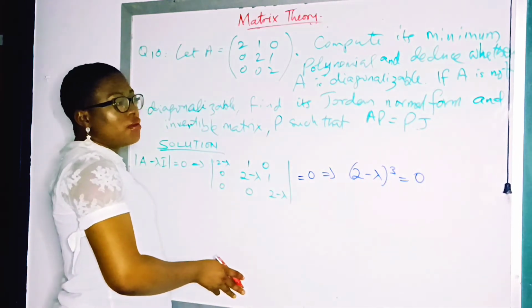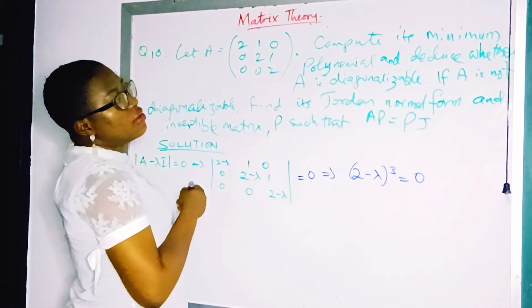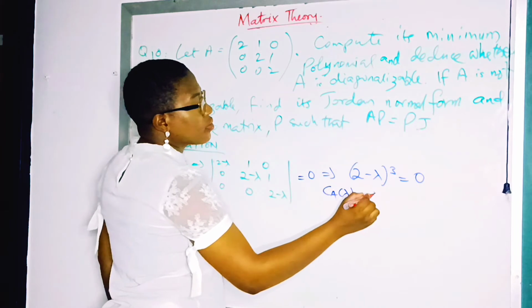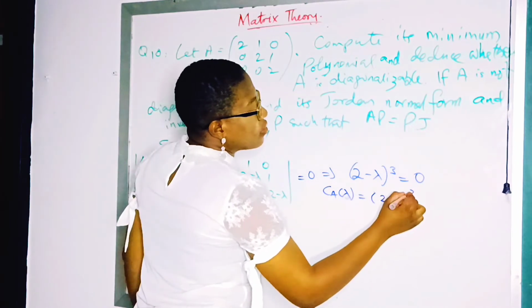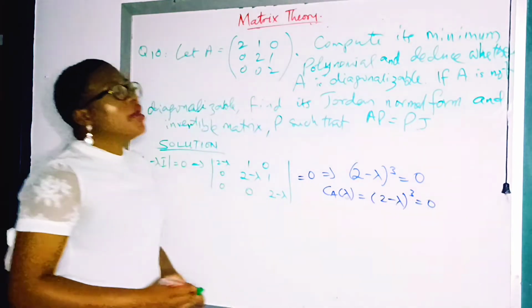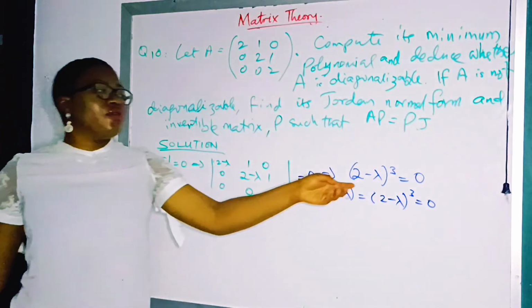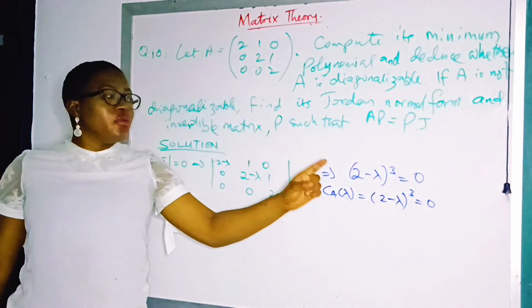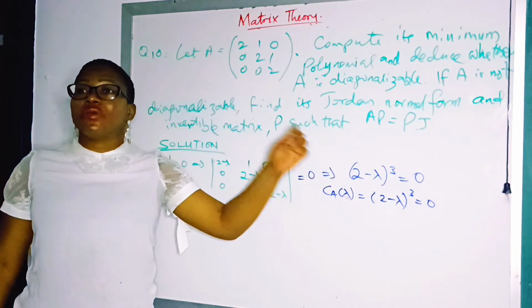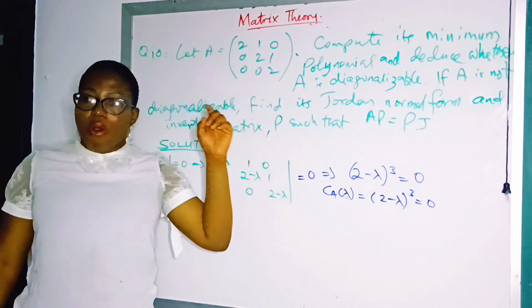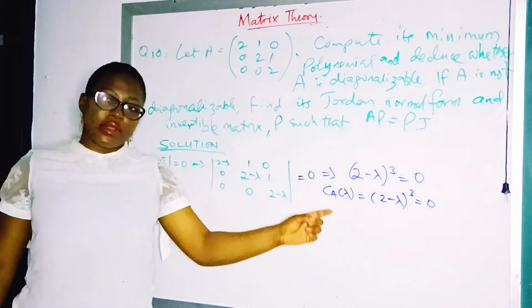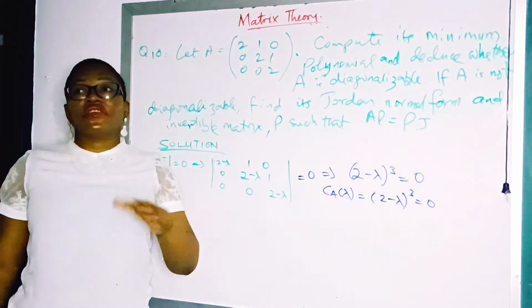This is the characteristic polynomial, 2 minus lambda cubed, and the root is just 2. It's only one root. So the minimal polynomial can be either 2 minus lambda, or 2 minus lambda squared, or 2 minus lambda cubed.